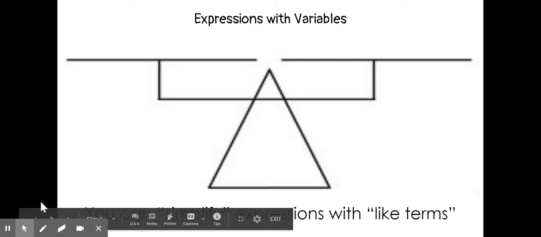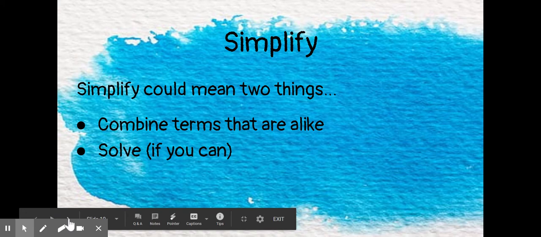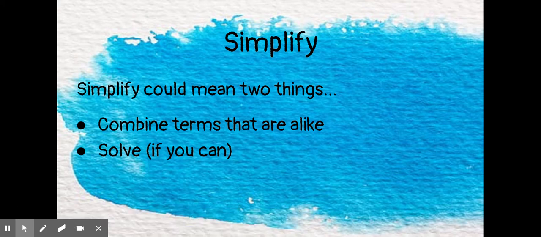Okay, so simplify, I have a slide for. Simplify, write this down, could mean two things. It could mean combine terms that are alike, or it could mean solve, but only if that's even possible, because there are going to be some cases in algebraic equations where it's not possible.